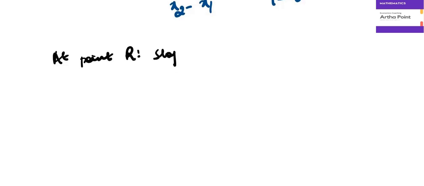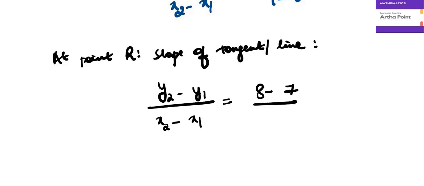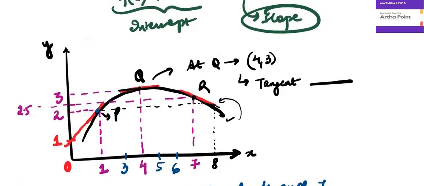Yes. So at point R, the slope of tangent, which is nothing but a line, is y2 minus y1 upon x2 minus x1. Look here, y2 is 2.